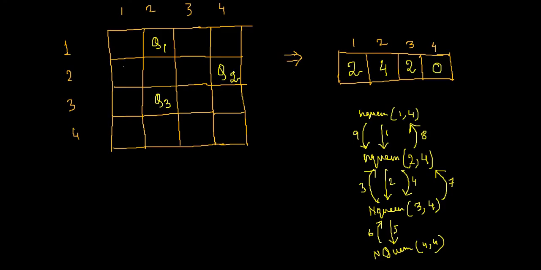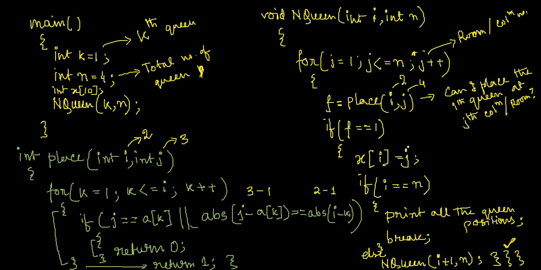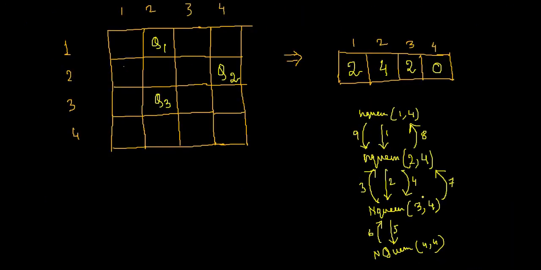Now what will happen? As soon as queen 2 has been placed in its proper position, now the king will check what should be the new position for queen 3. So I will have one more call to queen 3, 4 from 2, 4 for checking a new position again from the beginning.